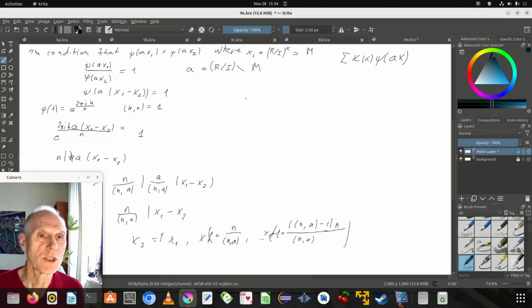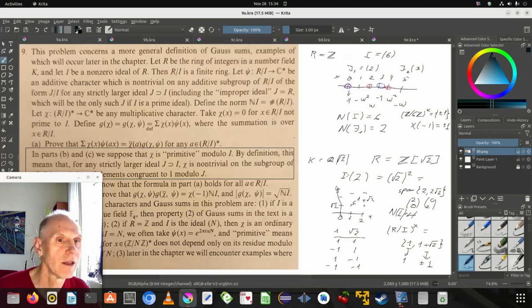So that means that we should look at the set, and now you can see why we get. I don't see it anywhere here. That you say 1 plus the ideal.